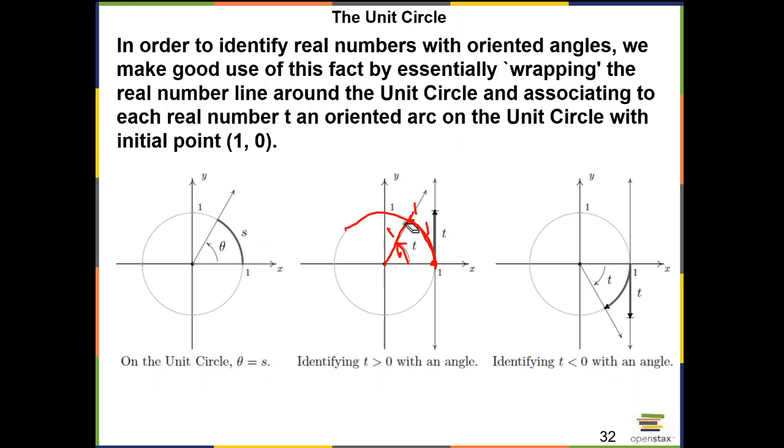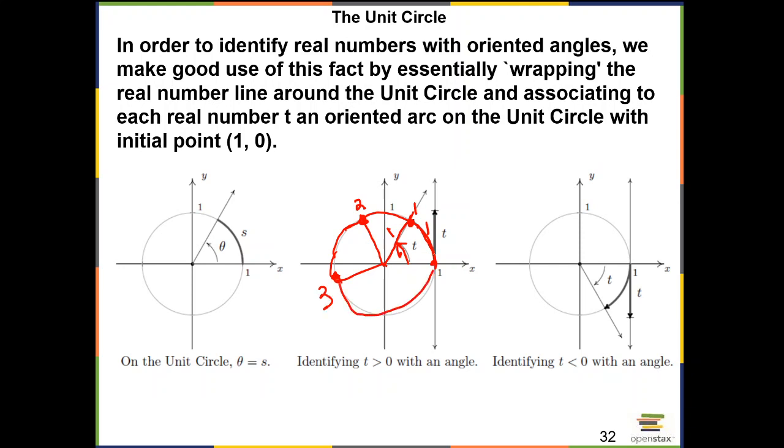And 2 radians is about 115 degrees, so it's about right here. So that's number 2. And 3 radians is 3 times 57, so it's 170 something right here somewhere. So that's number 3 and so forth.